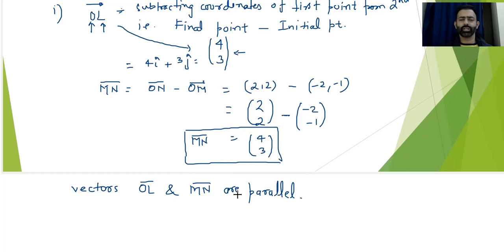What is the condition for parallelism? If two vectors or two lines are parallel, one vector is a scalar multiple of the other vector. So OL and MN are both equal vectors. Basically, these are not just parallel vectors, but they are also equal, because both the x and y coordinates are the same.